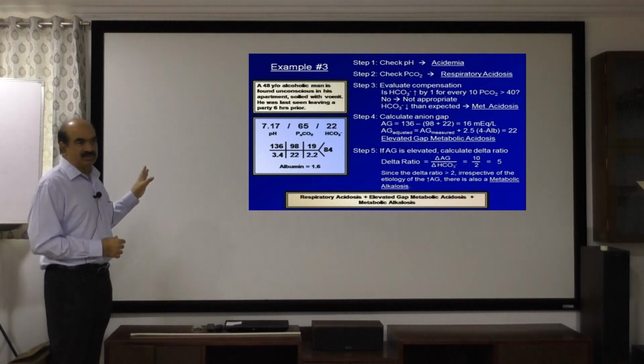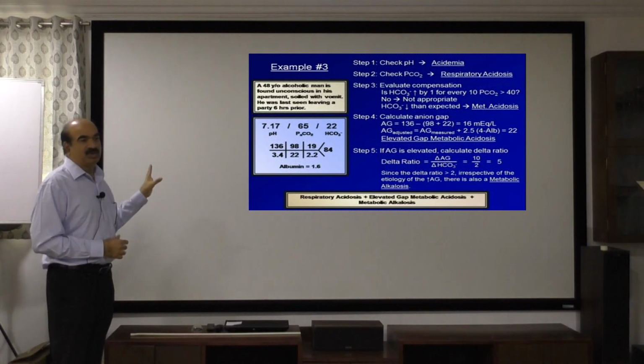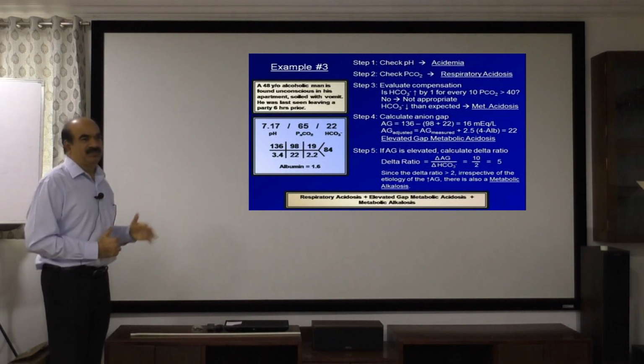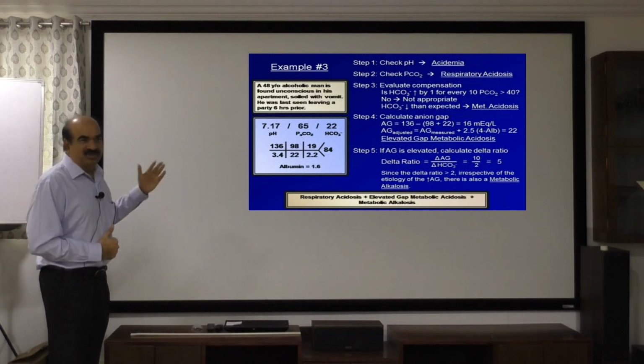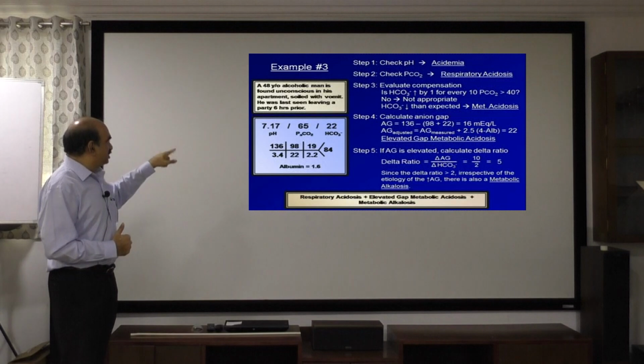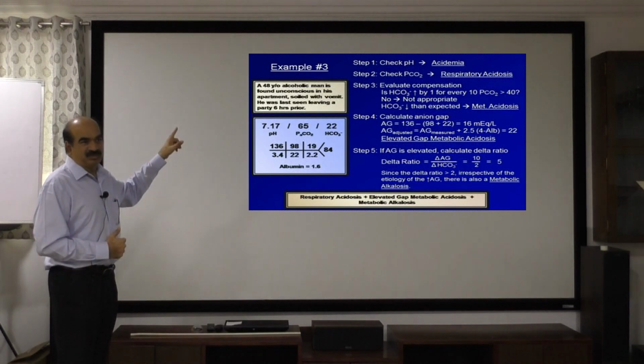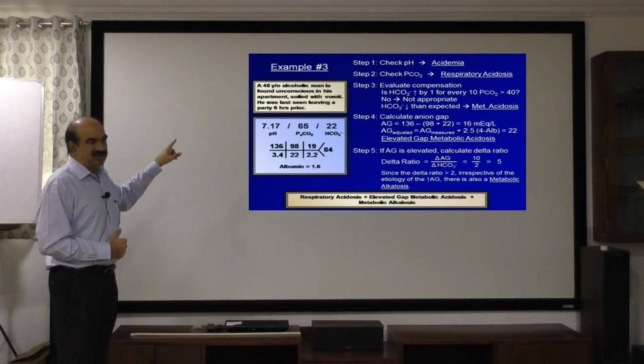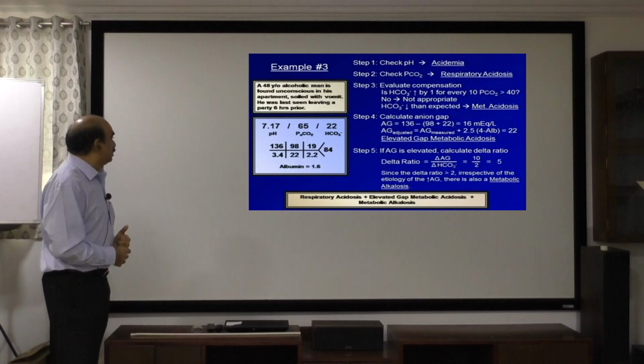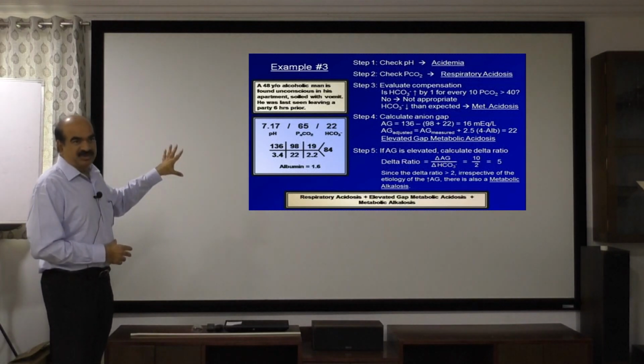There is one simple clue, ROME, R-O-M-E. If pH decreases and PCO2 increases, that indicates respiratory acidosis. So predominantly this is a respiratory acidosis case.